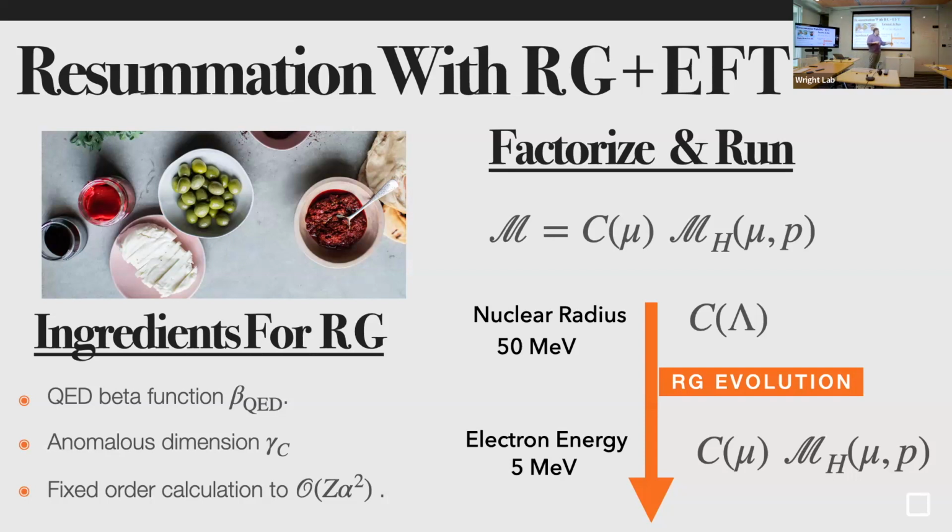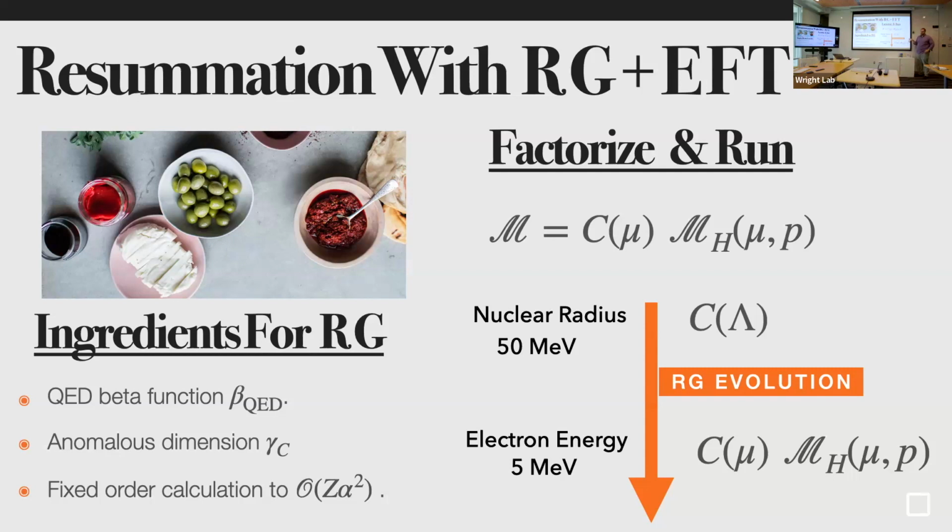The reason I'd like to do that is that whenever I go to compute this, you will always find things that look like log mu over p, or 2p over mu. If p is of order the q value in the reaction, where p is the momentum of the electron, and I pick mu to be close to that value, those logs are never big.